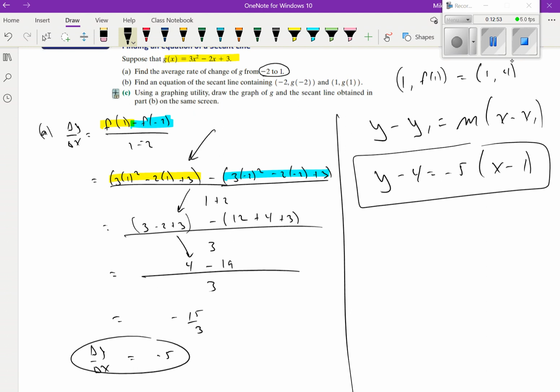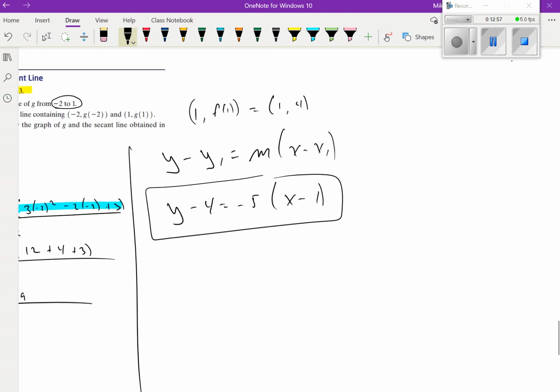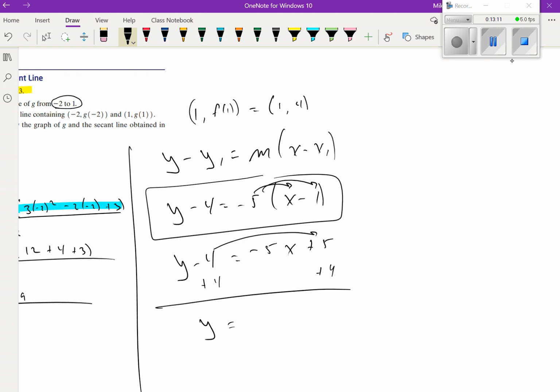So for the sake of argument, let's go ahead and take this down to slope-intercept form. So in that case, I'm going to distribute this negative 5, so it's negative 5x, and then plus 5. And if I add this 4 to both sides, then I get y equals negative 5x plus 9.